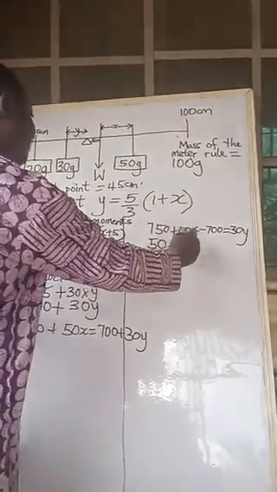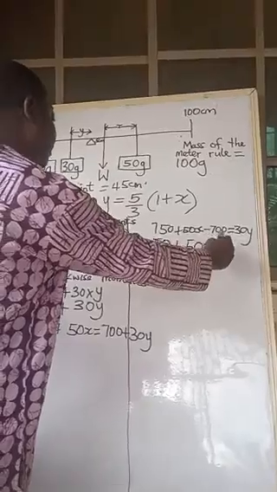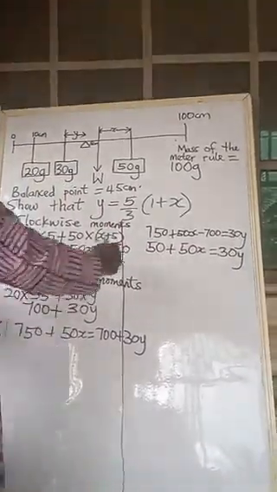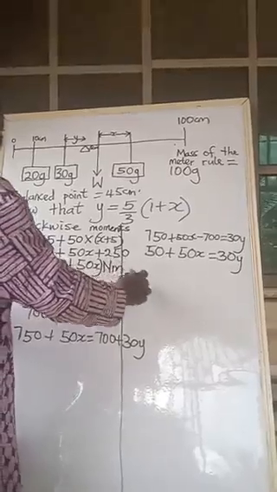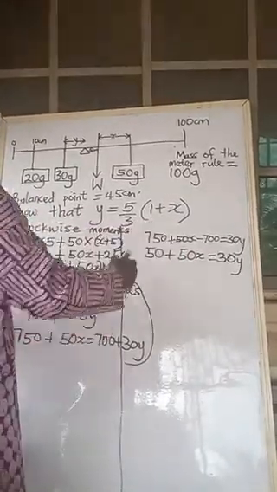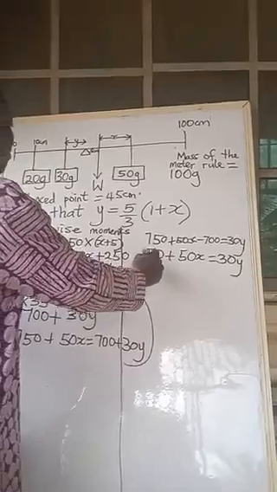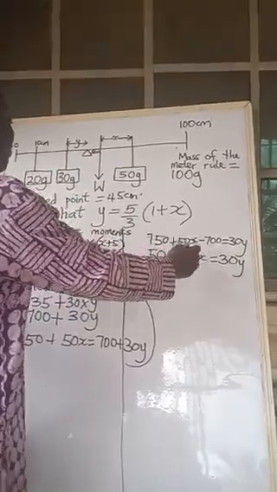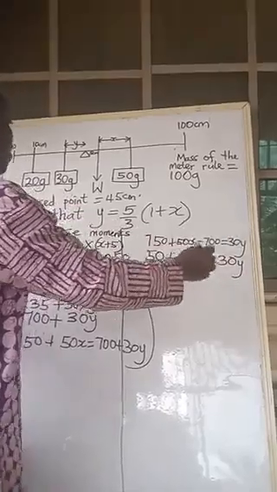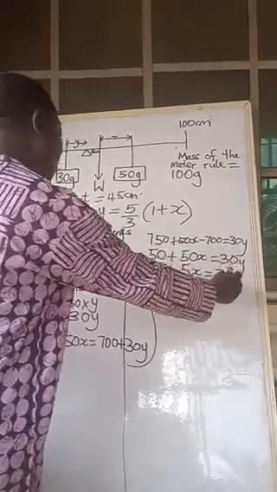Then plus 50x, that is equal to 30y. Then the next step, in order to reduce these numbers, you can just decide to divide through by 10. 50 divided by 10 gives me 5. 50x divided by 10 gives me 5x. 30y divided by 10 gives me 3y.